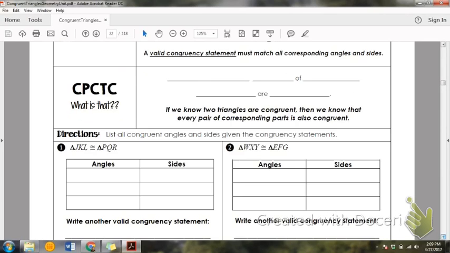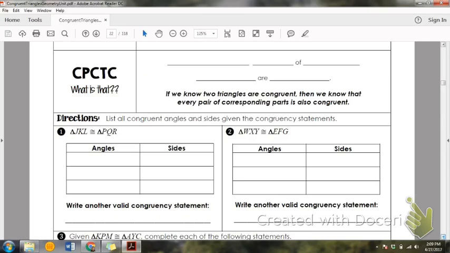Okay, so let's do an example. We have what's called CPCTC, and CPCTC is fancy for saying corresponding parts of congruent triangles are congruent.